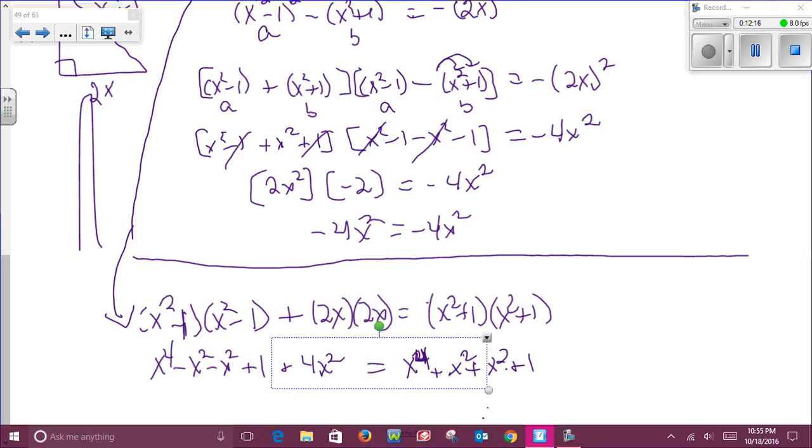I'm just using the distributive method, double distribution here, instead of the box method.